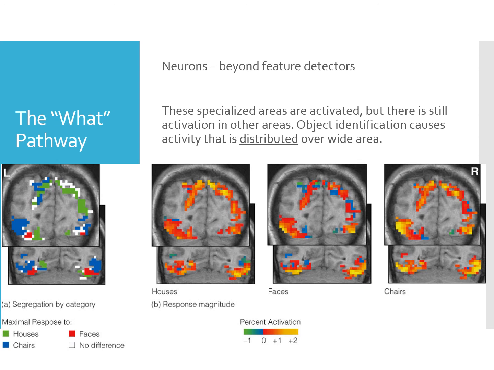Looking at faces, you can see that there is activity widely distributed across the brain. We just see a maximal activity at the fusiform face area, again on that bottom right area.